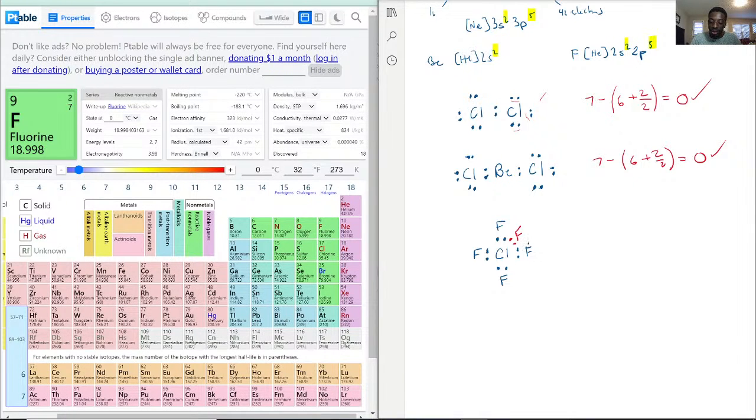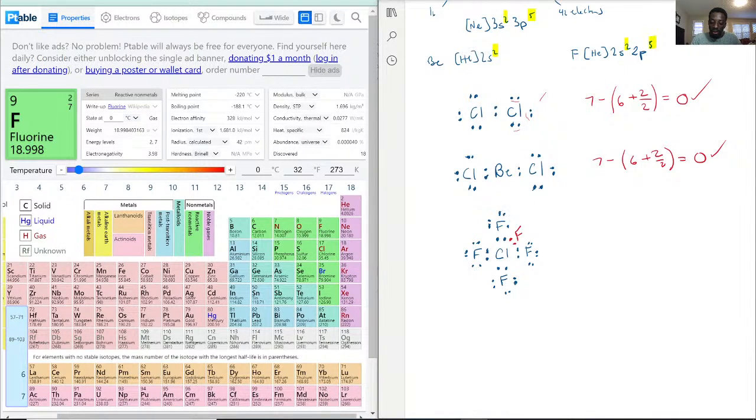So it's going to be 2, 3, 4, 5, 6, 7. Same thing here. Same thing here, 2, 3, 4, 5, 6, 7. Same thing here, 2, 3, 4, 5. Oops, whoopsie.